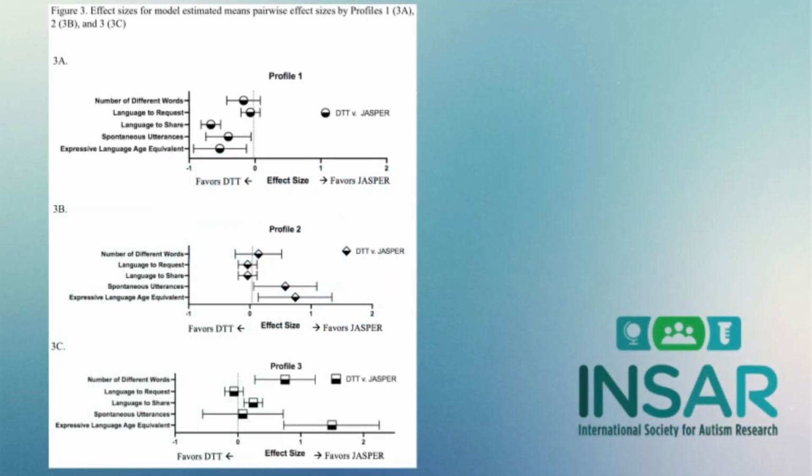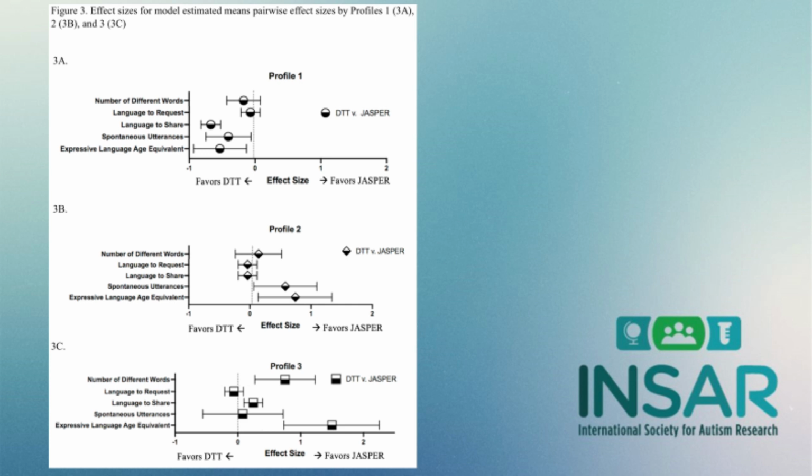Those who had a combination of less language that they used and global delays actually benefited more from the more structured traditional approach. So they gained more language, they used it more frequently overall, and that was more with that structured approach, DTT in this case, or discrete trial training.